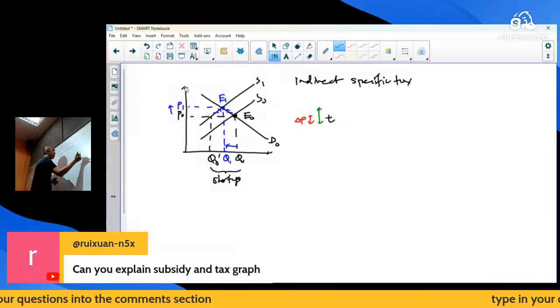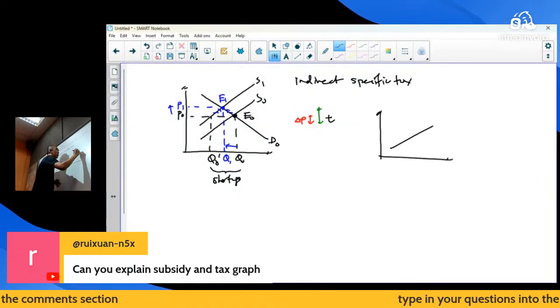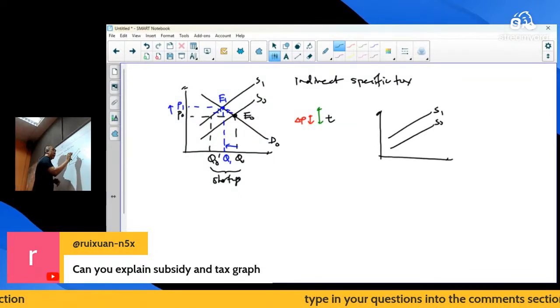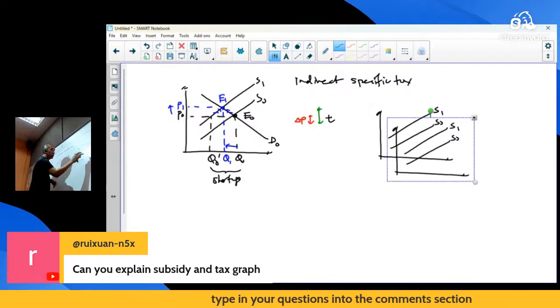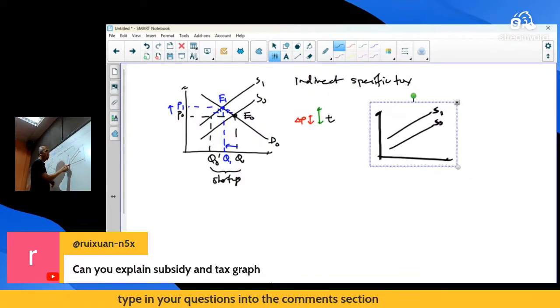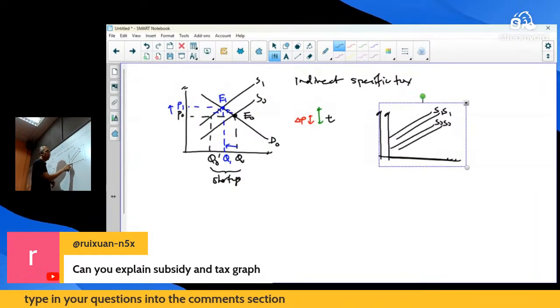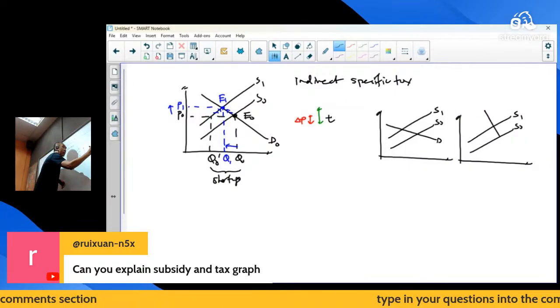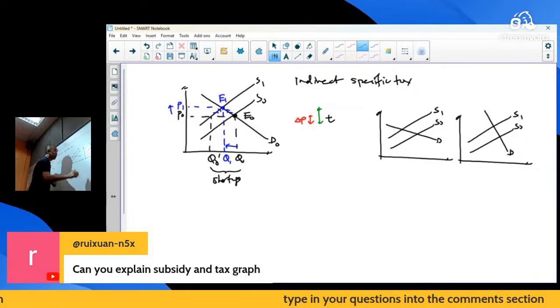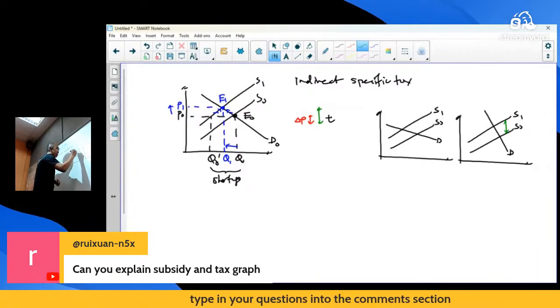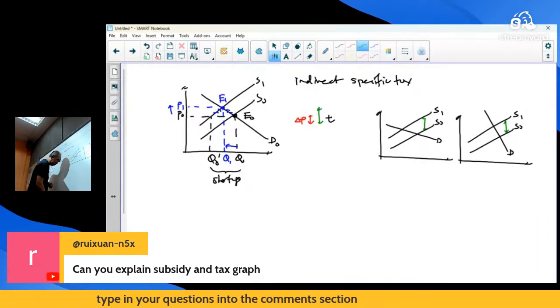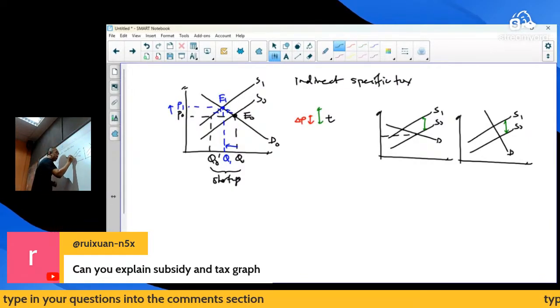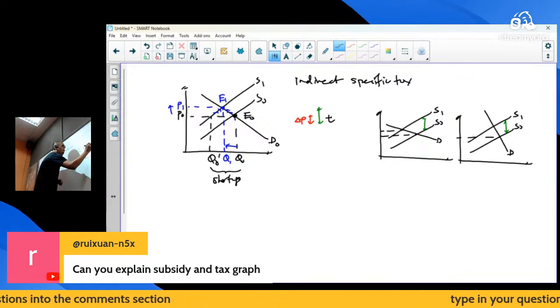For instance, right, if I draw a text like this, now look at what I'm doing on the screen. Right? I'm going to clone this graph. So this is the exact duplicate of the same graph. Now, if I were to draw a price elastic demand versus a price inelastic demand, note that the tax increase is exactly the same for these two graphs, but the price increase will be different, right?